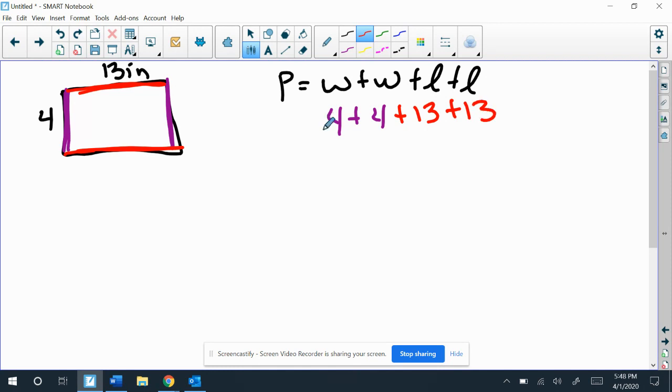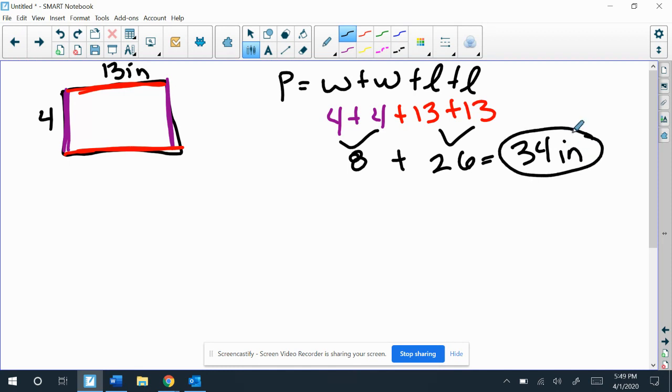I have 4 sides and I have 4 numbers. So 4 plus 4 is 8. 13 plus 13 is 26. 8 plus 26 equals 34 inches. That is my perimeter. Now let's go ahead and find the area.